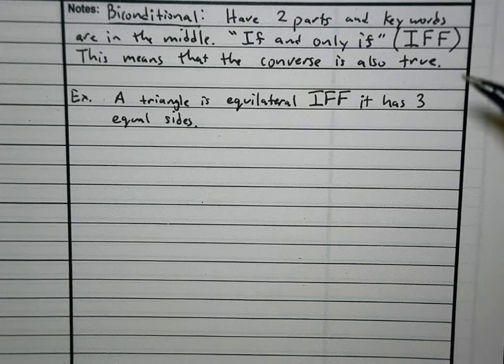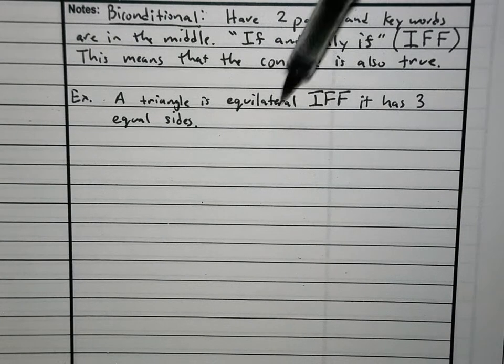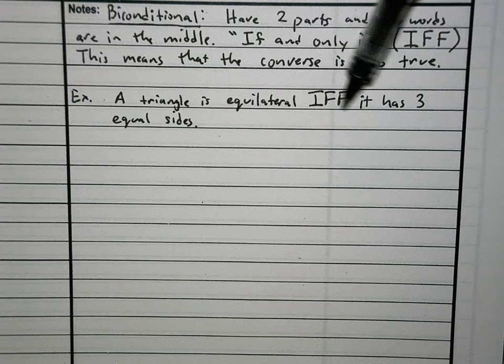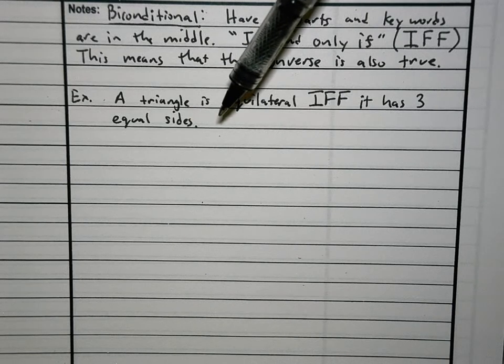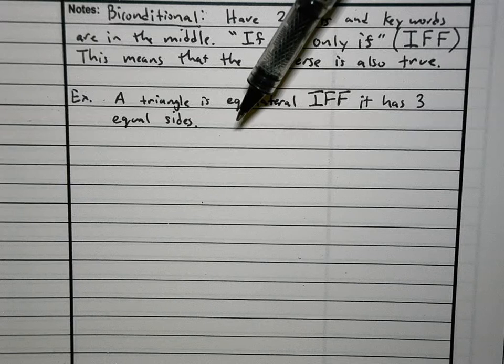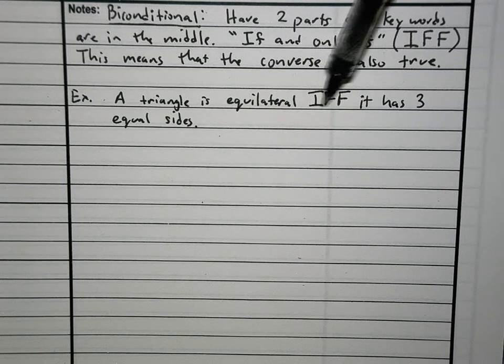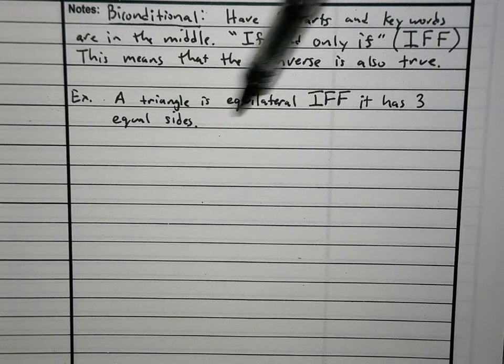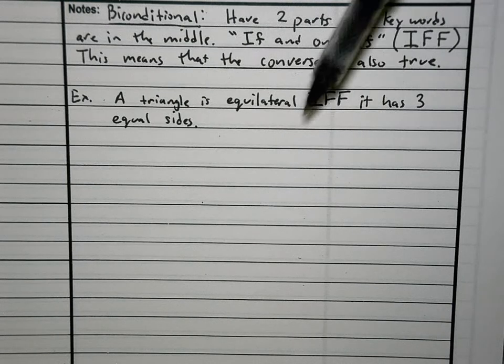So what this is saying is a triangle is equilateral. This is your first part. The key words are in the middle: if and only if it has three equal sides. You can test whether this is true. A triangle is equilateral if and only if it has three equal sides. Let's do the converse.